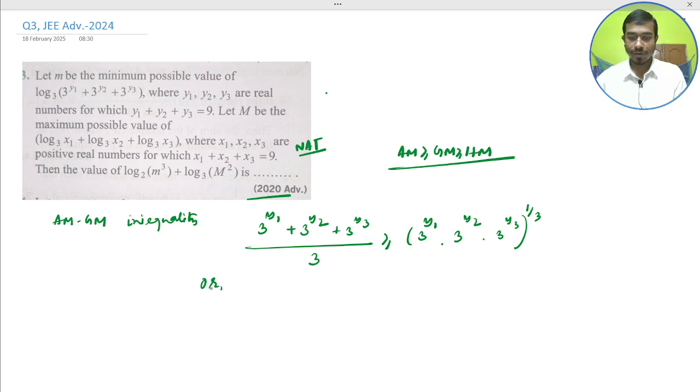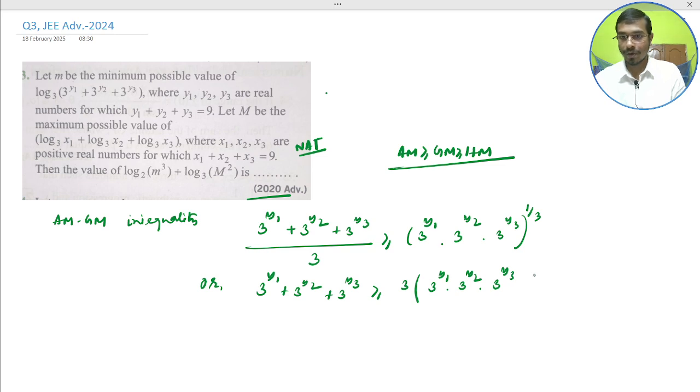Now calculate. So 3 to the power y1 plus 3 to the power y2 plus 3 to the power y3 is greater than or equal to 3 into (3 to the power y1 times 3 to the power y2 times 3 to the power y3) to the power 1/3.